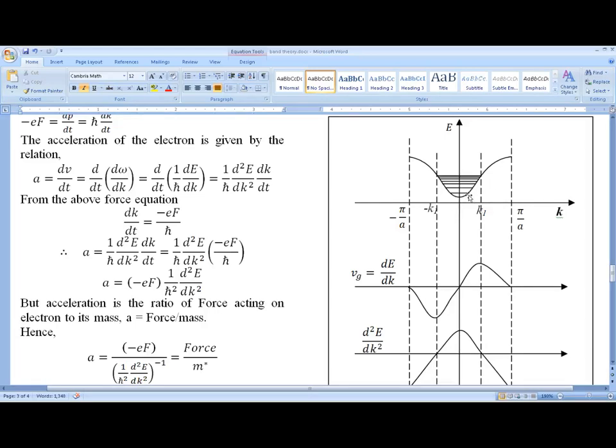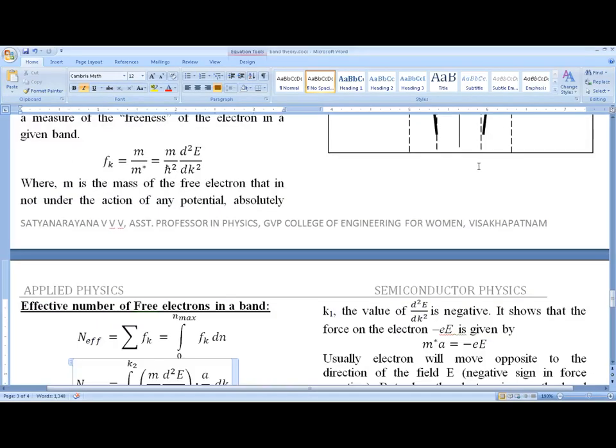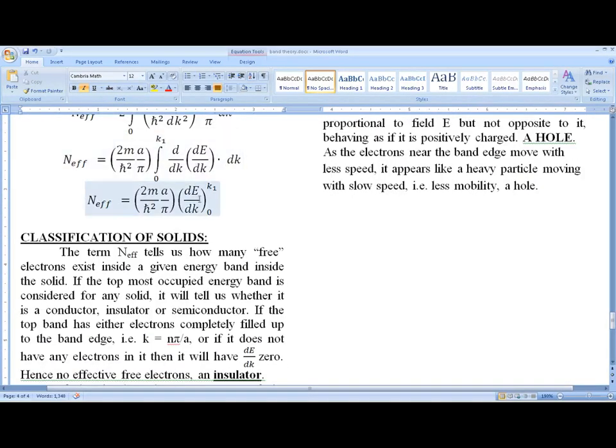So bottom of the band dE by dk 0, top of the band also dE by dk 0. So if you have a solid with electrons which are completely filled or completely unfilled in the outermost band, those are what you call insulators. Clearly this is showing the same. So if you have k1, the topmost filled electrons at the edge of the band, this dE by dk becomes 0.